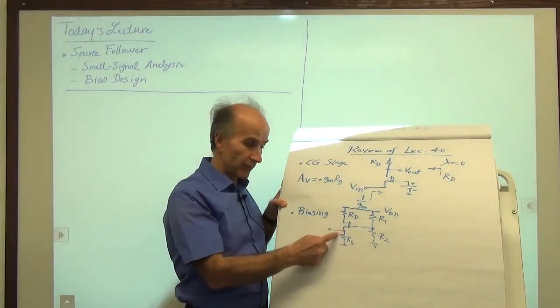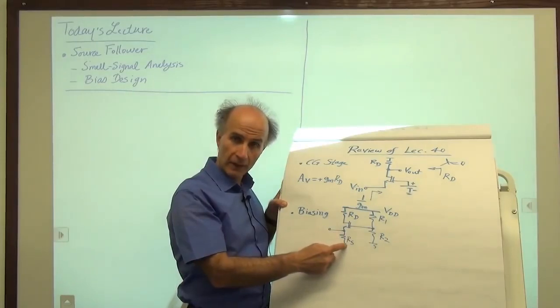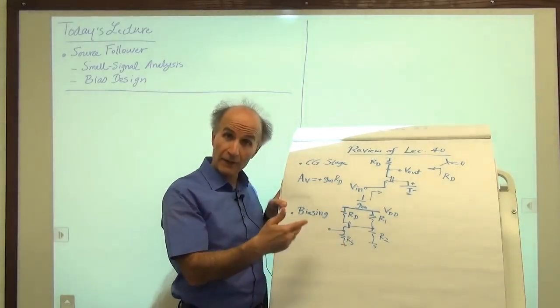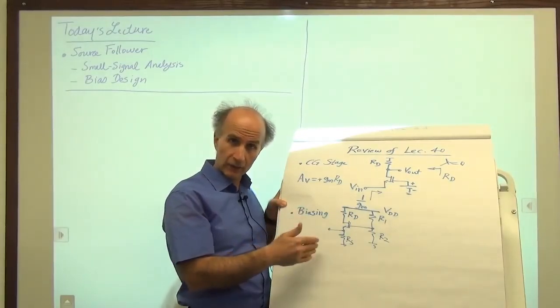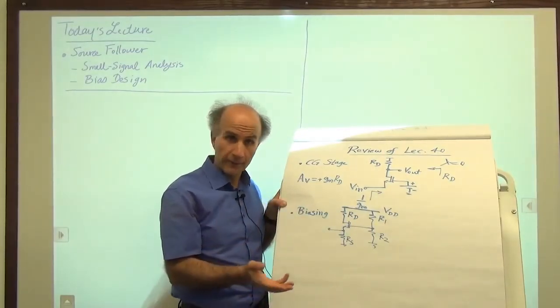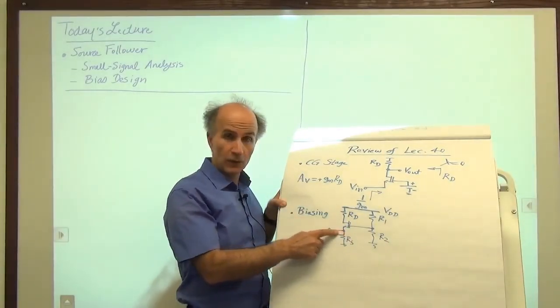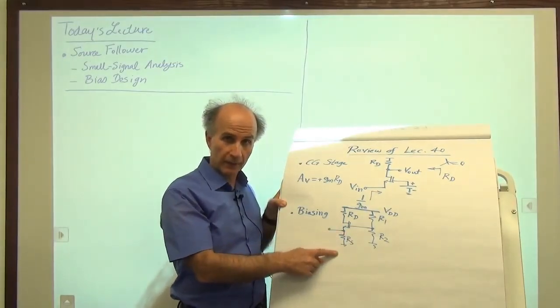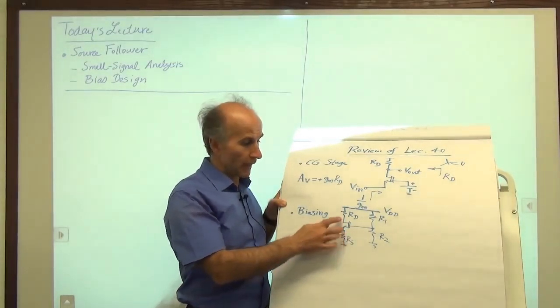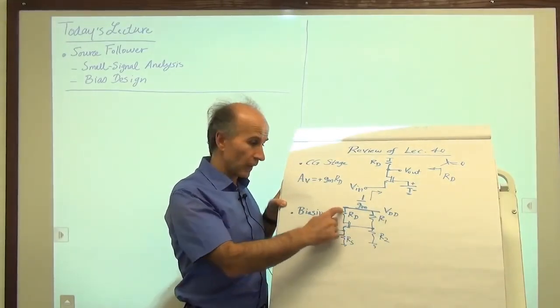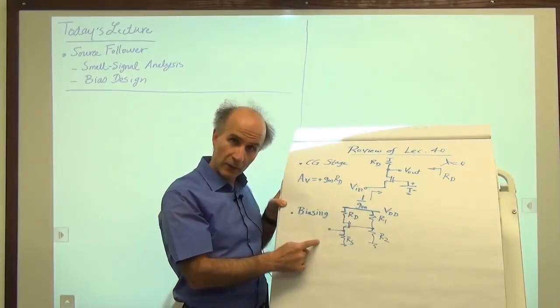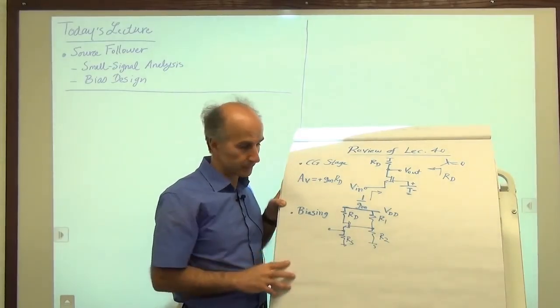So we have to have some two-terminal device here that allows the DC current to pass. It could be a resistor or an inductor or a current source. And in the simplest case, we chose a resistor for this biasing. So it's important to remember that we need a path for the bias current. It has to go through this, or it has to go through the preceding device or stage, if that's possible.